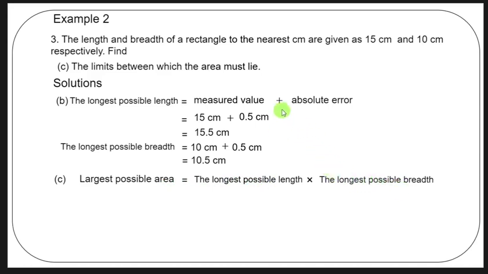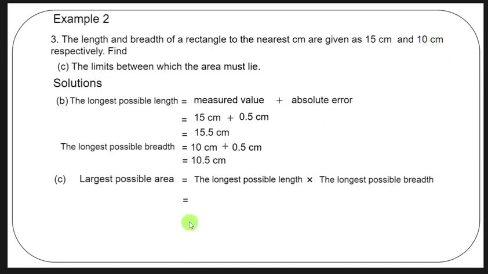Because in measurement there will be that error, we begin with the longest possible length that a person can go beyond, but still closer to 15, and then the longest possible breadth by which they can be away from 10 centimeters but still closer to 10 centimeters.